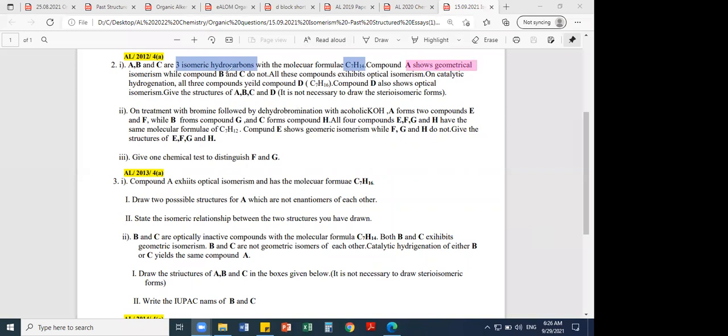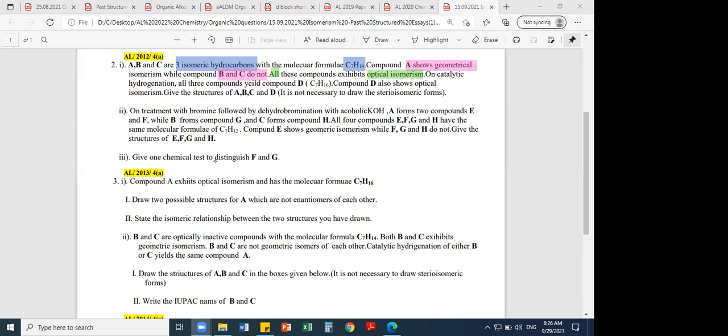While B and C do not show geometric isomerism. All the compounds exhibit optical isomerism. All these compounds, I will highlight all, and then I will highlight optical isomerism. Right?